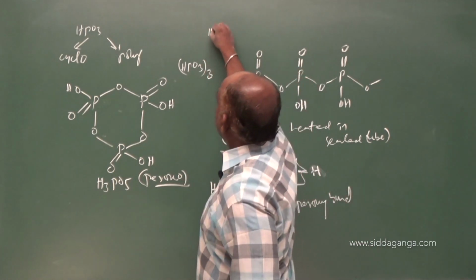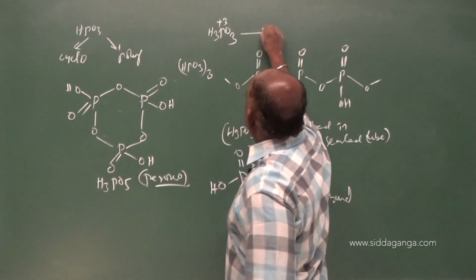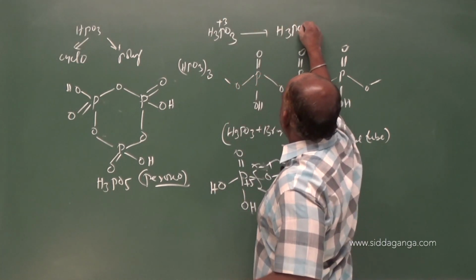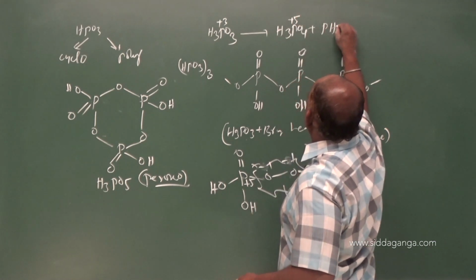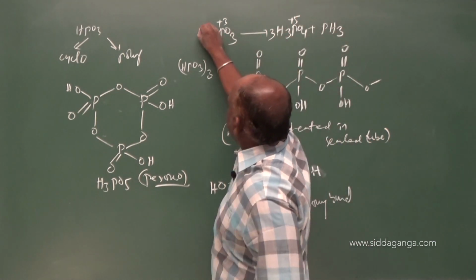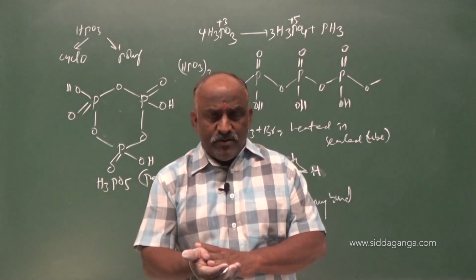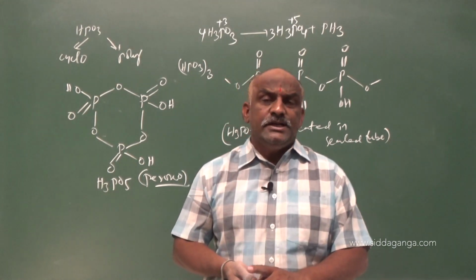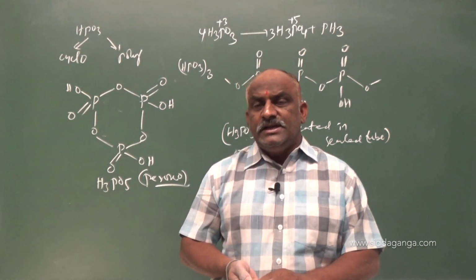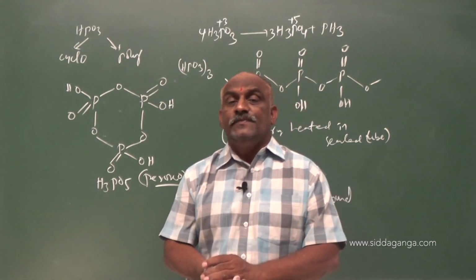Already we know that H3PO3, oxidation number +3, disproportionates to H3PO4, oxidation number +5, and formation of phosphine. Make a note, this reaction is very important, my dear students. Structures with direct P-H bonds act as strong reducing agents.